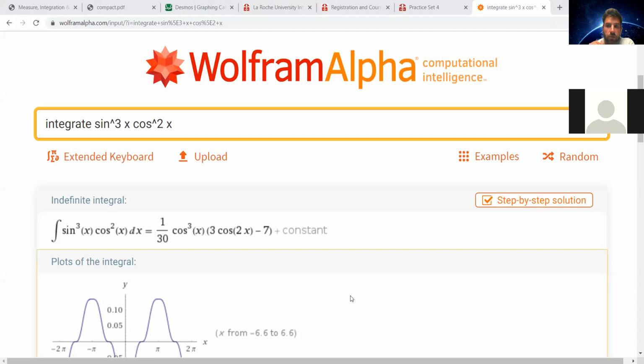But the answer that you see right now on Wolfram is exactly the same thing as what I got. It's just two ways to write the same thing. You guys should verify that for your own confidence. So again, I am not wrong. Wolfram is not wrong. We are both writing the same thing two different ways.